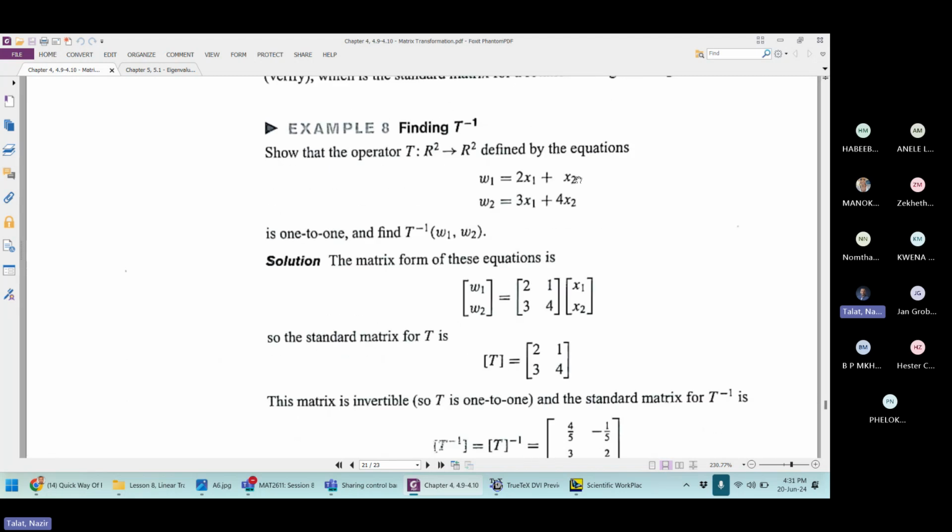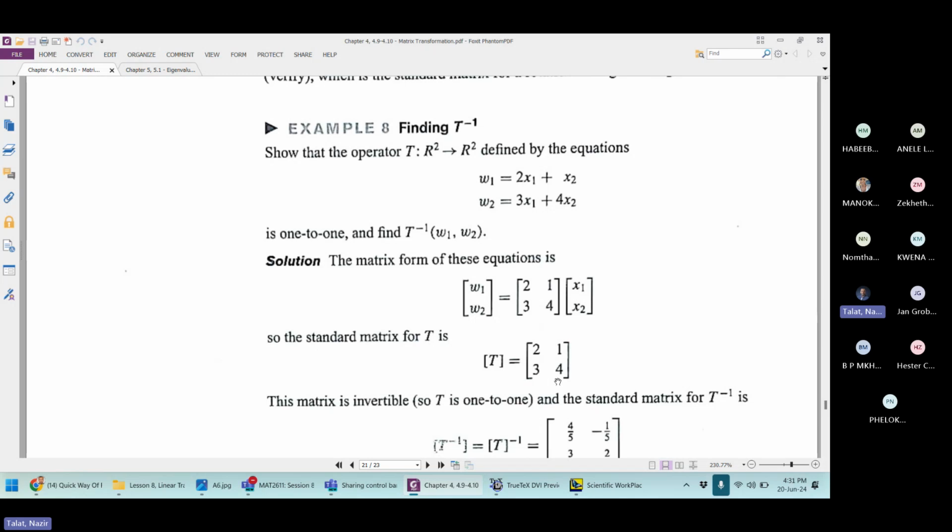So we know that we can write this in matrix form, because behind this transformation there is a standard matrix. If you get this standard matrix, you call it a T matrix or A matrix. Then find its inverse. We know how to find the inverse of a matrix.